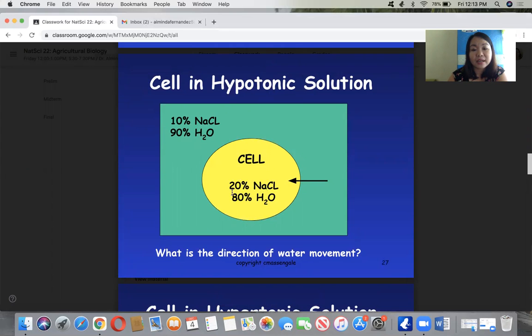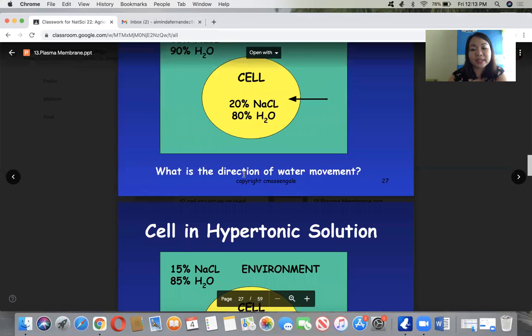It has more solute here, 20%. So the movement is going inside the cell.